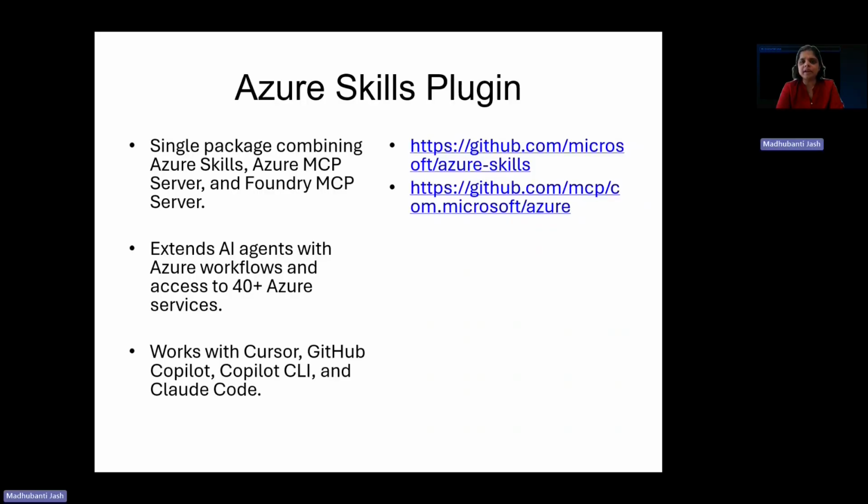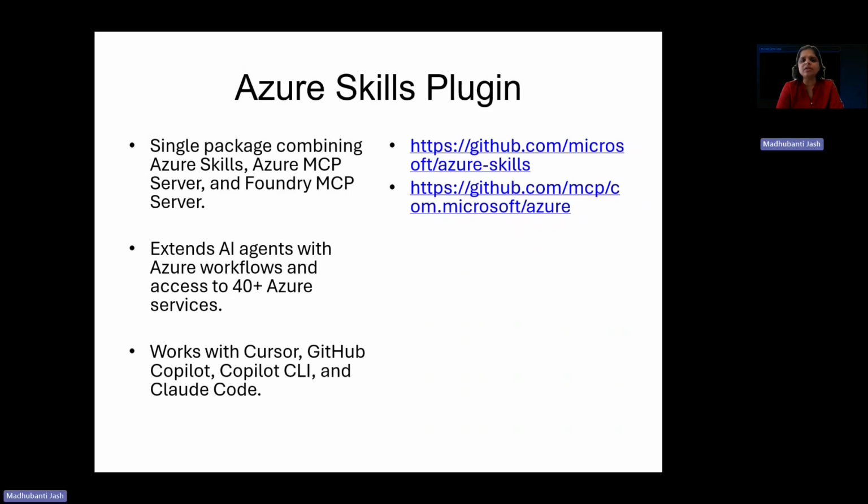With the Azure Skills plugin, in a single package, you have combined Azure Skills, Azure MCP Server, and Foundry MCP Server. Azure Skills defines which skills are needed to prepare your infrastructure, and MCP is the execution layer.